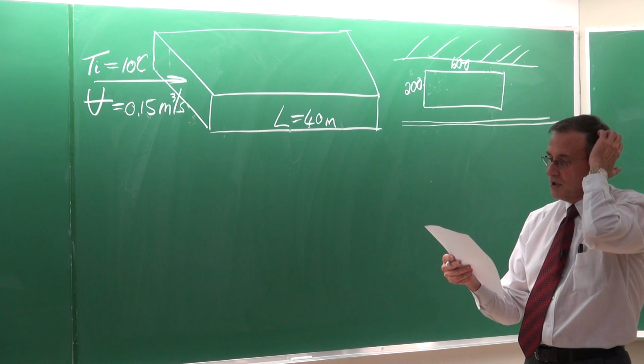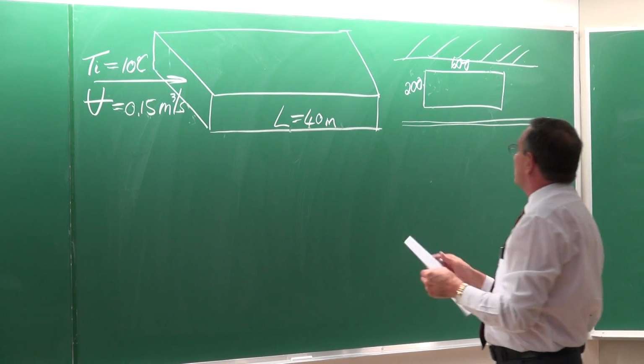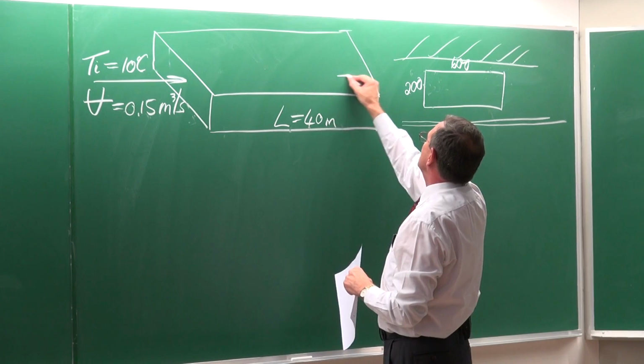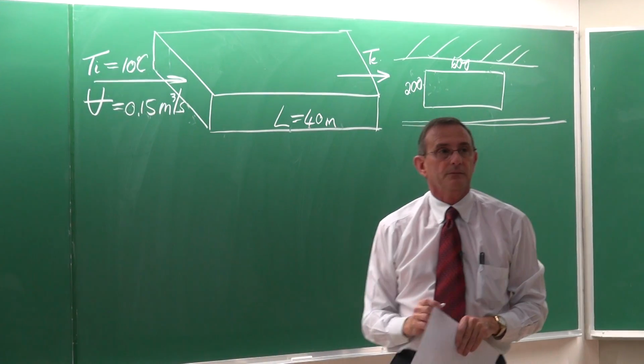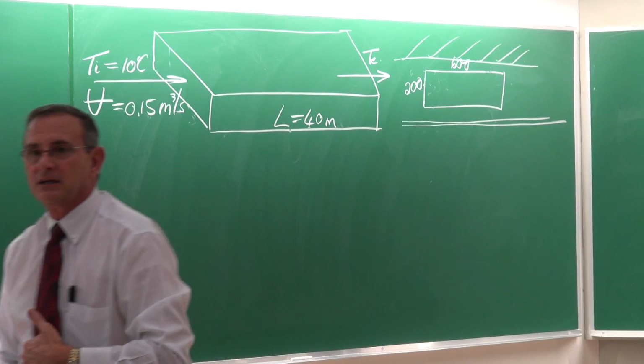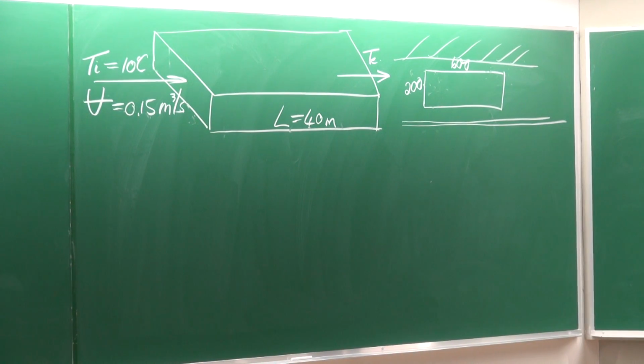So what I want you to do is go and calculate the outlet temperature. Okay. So the question is, determine the outlet temperature of this duct. Is it a very important problem?